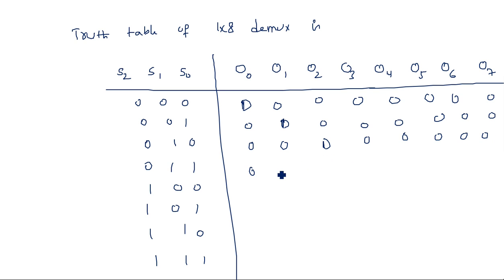And coming to the third one, this is the data input D, and all the others are zeros.